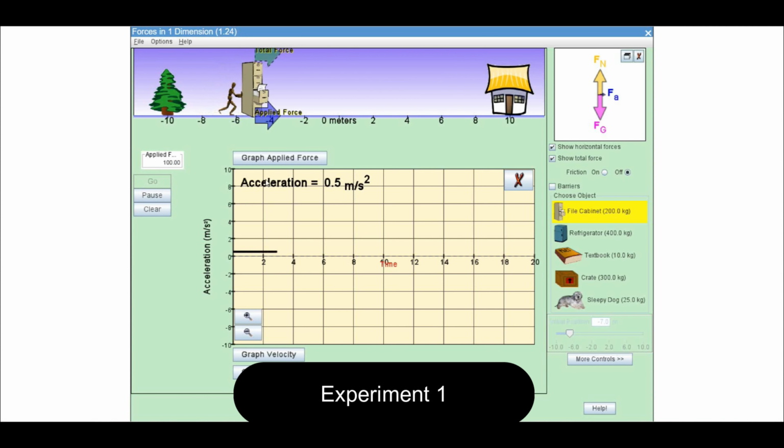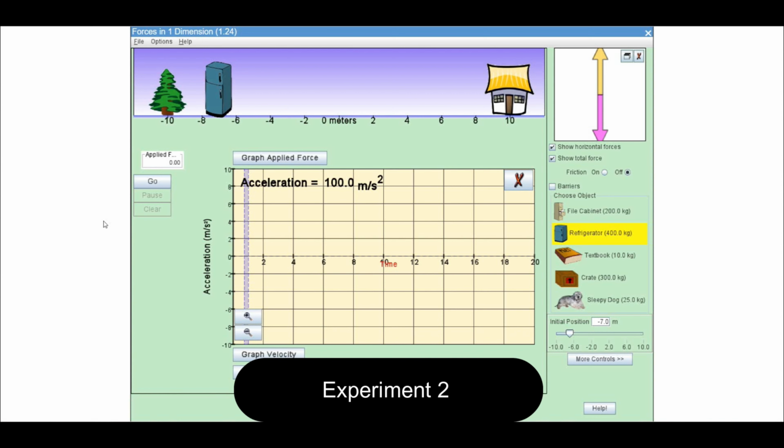The value of acceleration is recorded, and we can see the value of acceleration in the graph. The experiment is repeated with different forces, which are 200 Newton, 300 Newton, 400 Newton and 500 Newton.